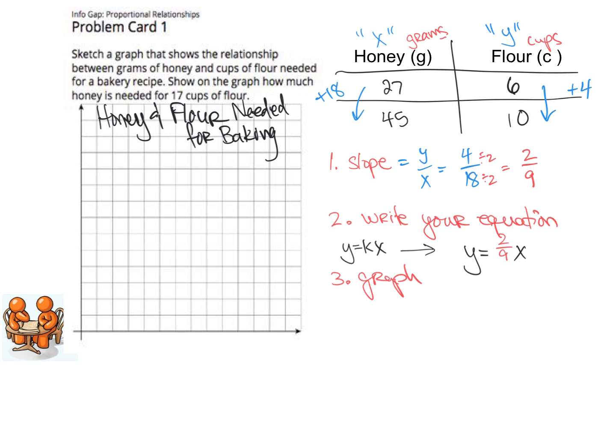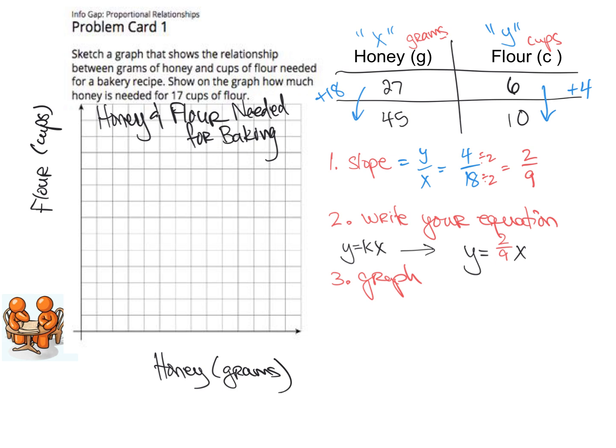Let's label our x-axis. Our x-axis is honey, and honey is done in grams. Let's put the grams in there. And then the y-axis is flour, also done in cups. You should be drawing this yourself.